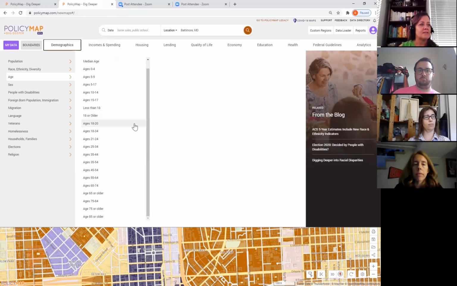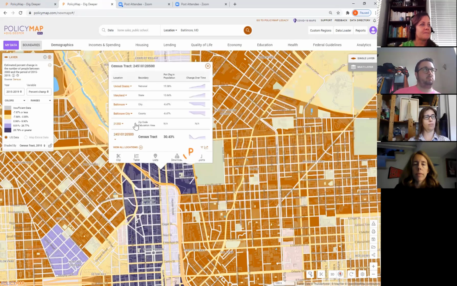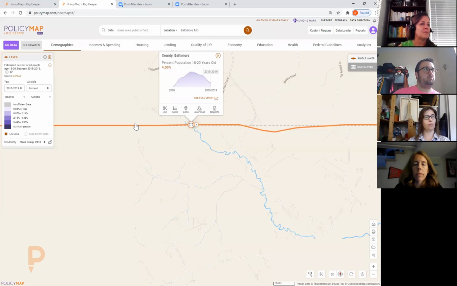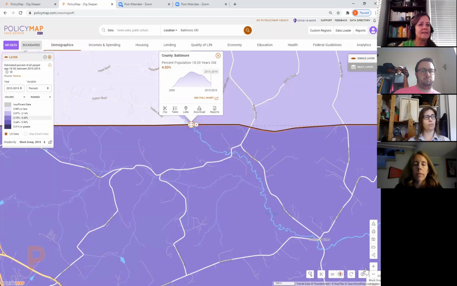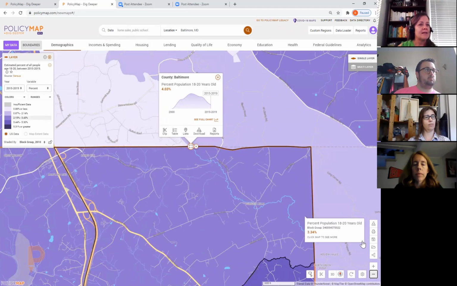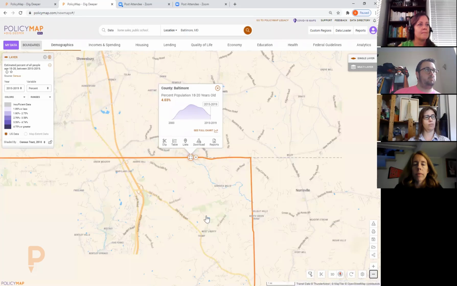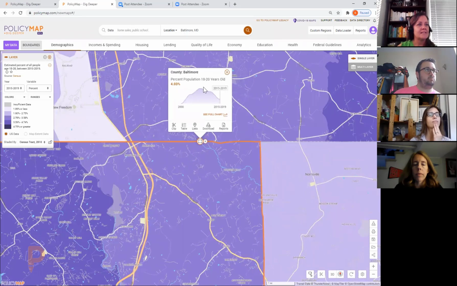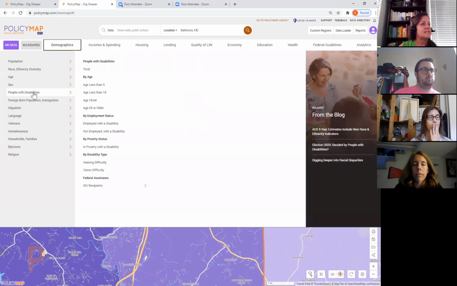Or young adults, you can pull that out. So where there are a large number of people living between the ages of 18 and 20 within this area. And you can see trends over time with specific population groups. There's some interesting data here.